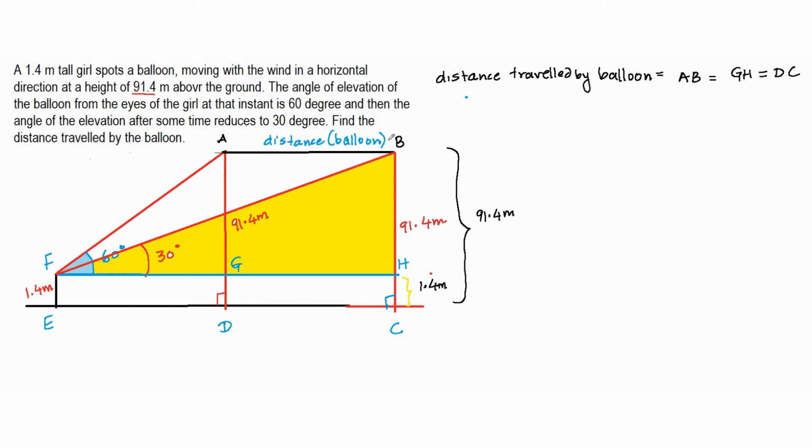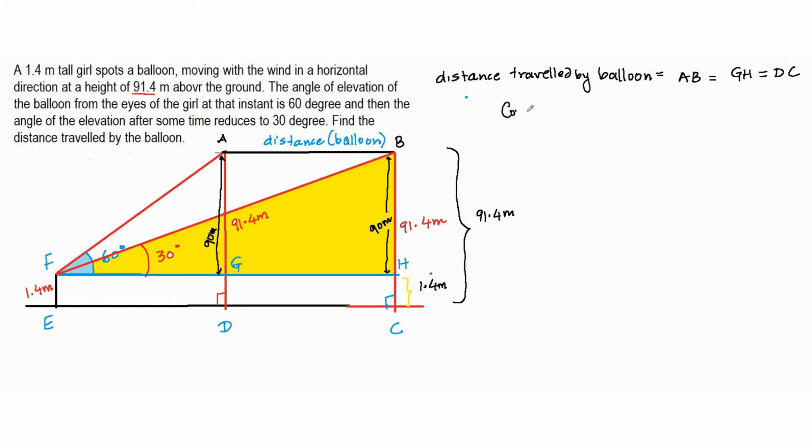Which tells me that the height BH is going to be 91.4 minus 1.4, which is going to be 90 meters. So the length BH is going to be 90 meters. And therefore, I can use this particular triangle FBH to calculate the total length FH. Similarly, if BC is 90 meters, then the length AG should also be equal to 90 meters.